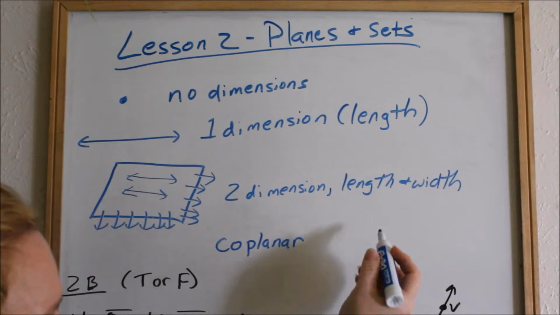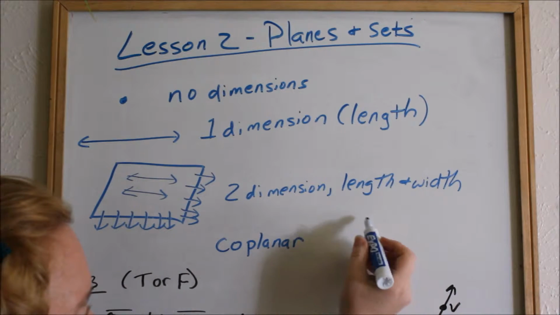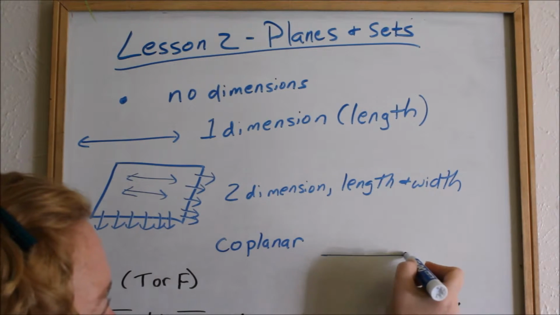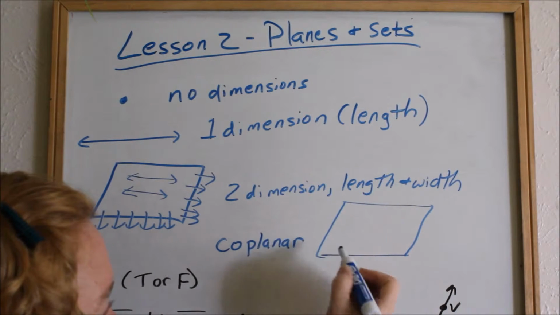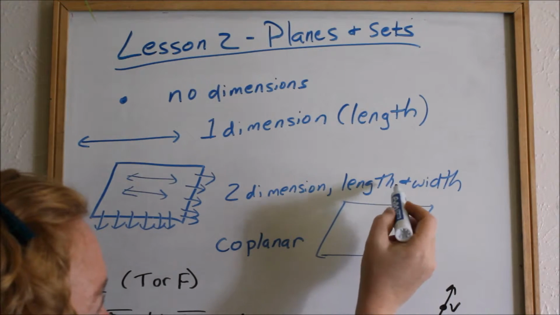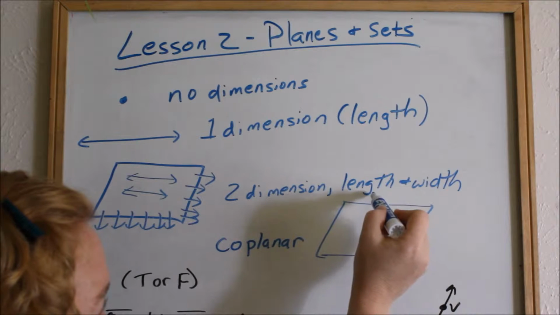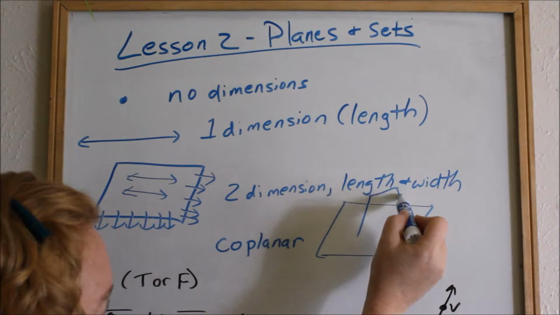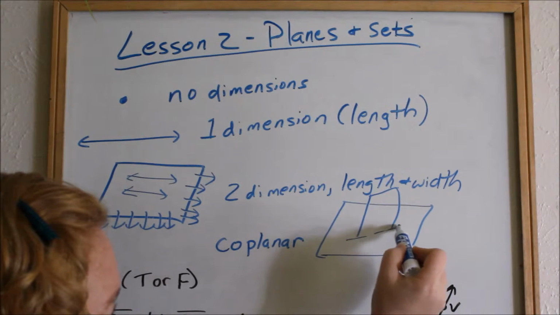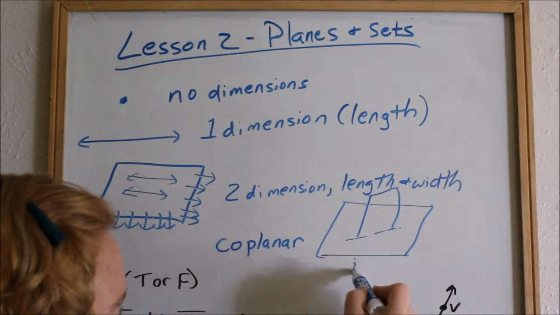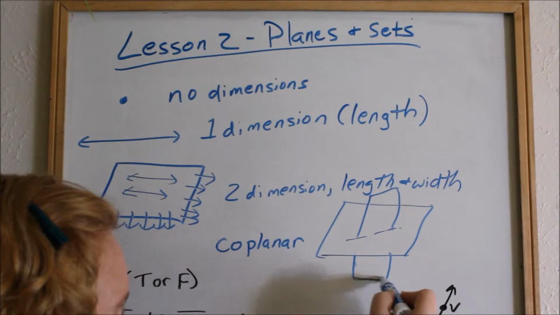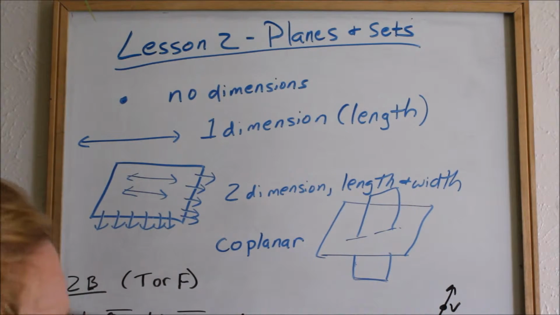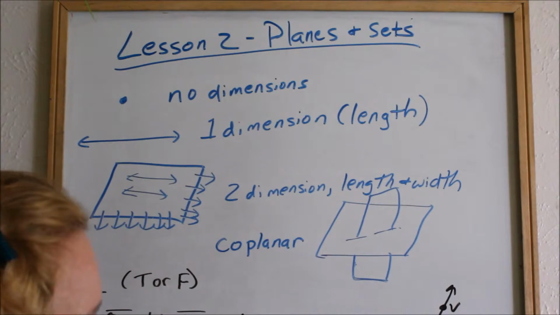Let's say you had, let's see if I can draw this, a parallelogram right here, and then you had one that went into the paper, like it's going to go down, and then it comes out on the other side, like here. Imagine that this is one piece of paper inside another piece of paper.